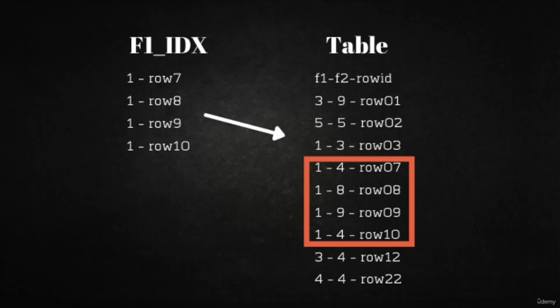Let's just go immediately to the table, fetch those rows, and then recheck the condition, refilter the results based on F2 equal 4, right? So databases usually do that when they know that the F2 index returns so many rows while F1 returns very few rows and the condition is an AND.